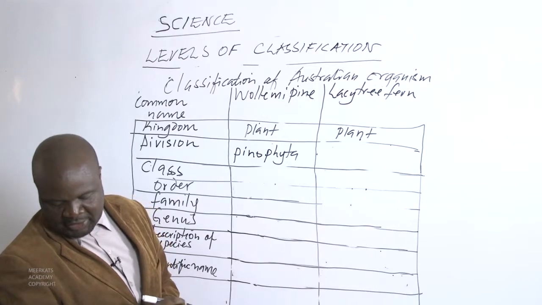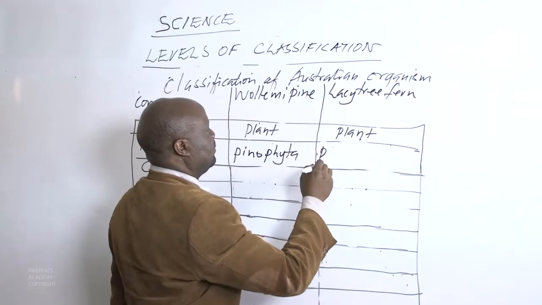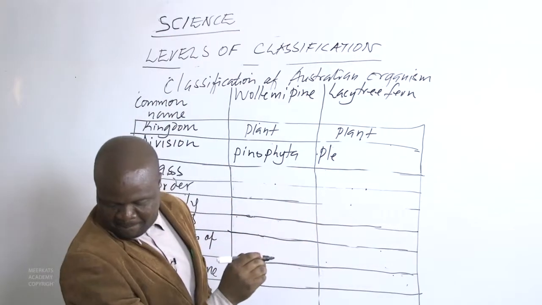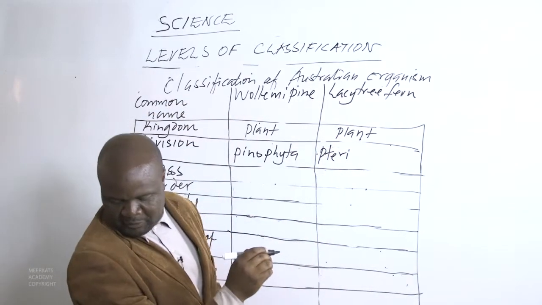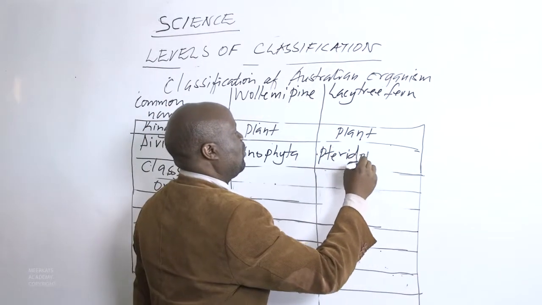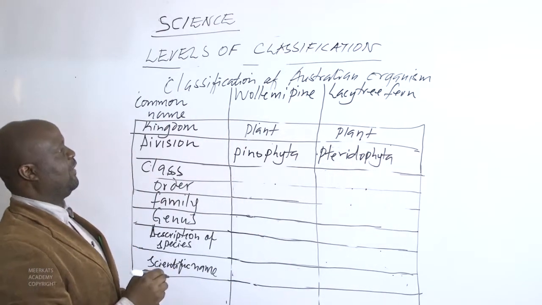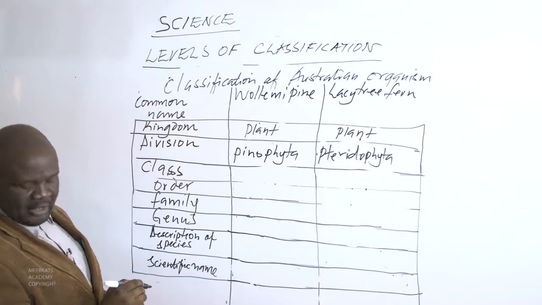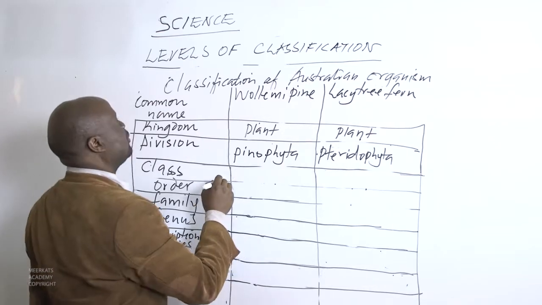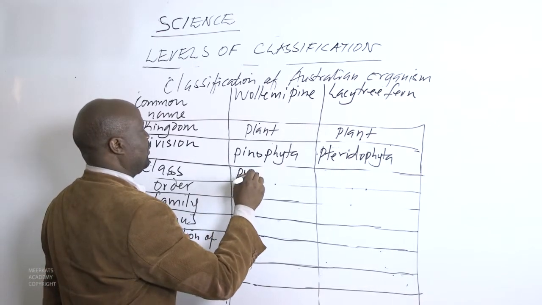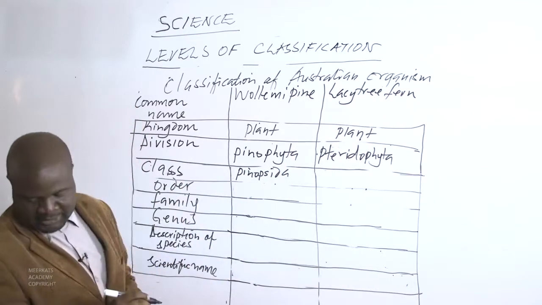The other one is in the Pteridophyta. It belongs to Pteridophyta. That is where they have differed, on the divisions. When we go to the class, Pinopsida belongs to the Wollemi pine tree. It belongs to the Pinopsida class.